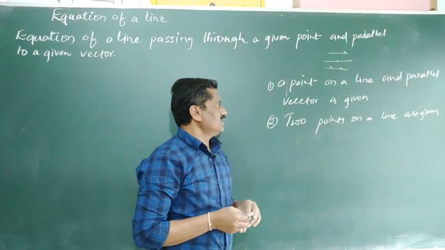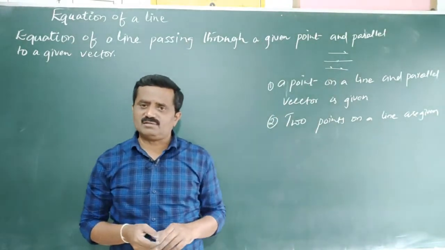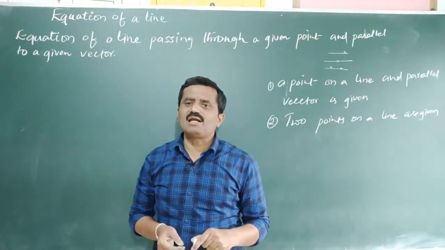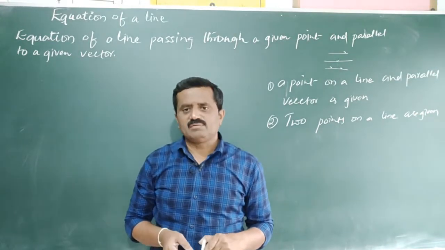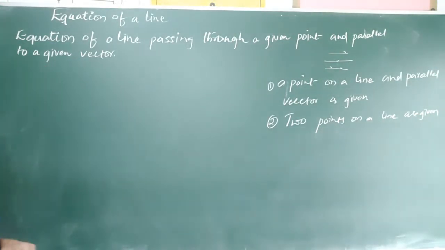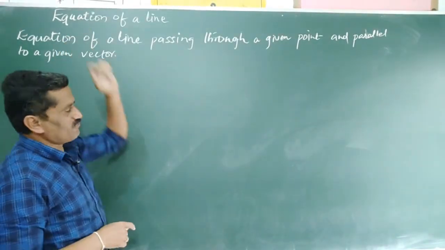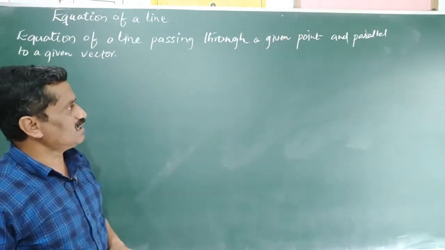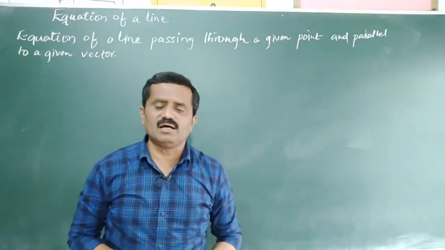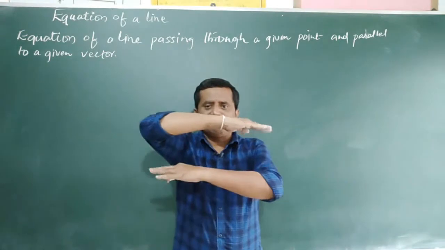First we'll see if a point on a line and the parallel vector are given. Here, the first method is the equation of a line passing through the given point and parallel to the given vector.